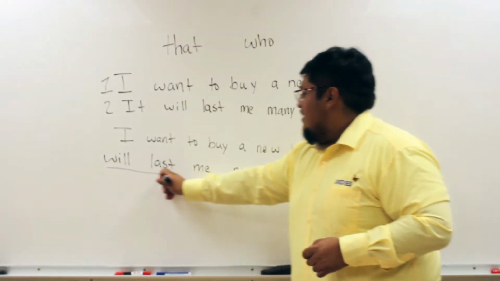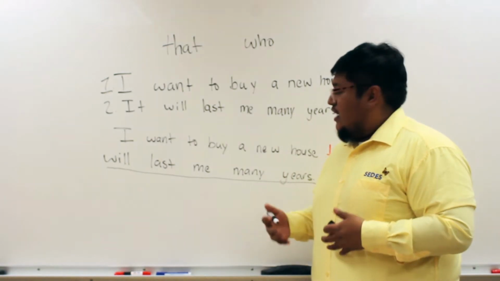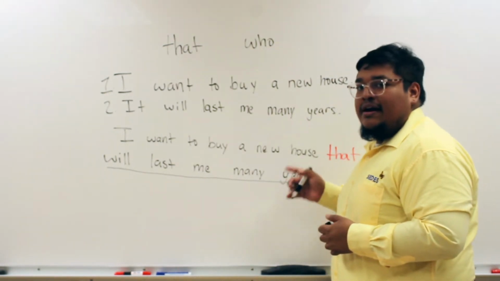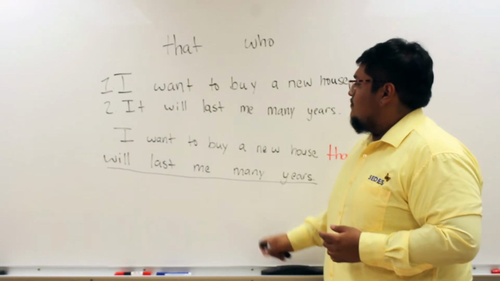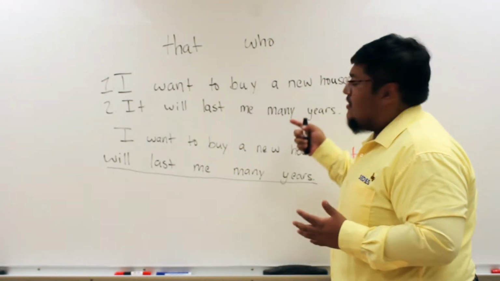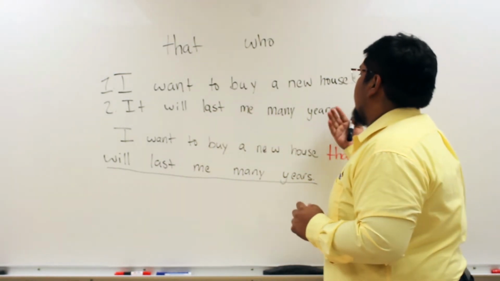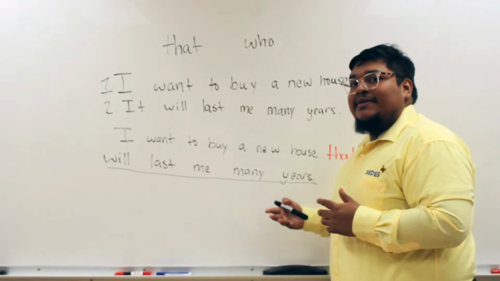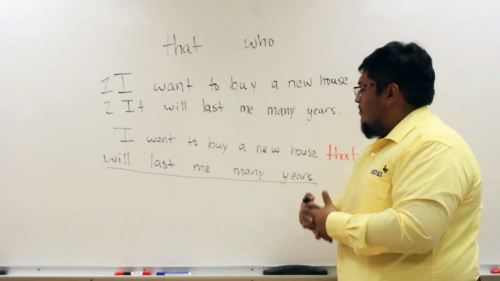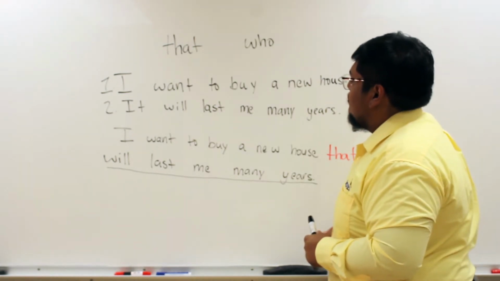Will last me many years is being used as an adjective clause to describe the new house. Pretty simple, okay? In the first sentence, we introduce, what do we want? A new house. That's our subject, okay? What about the house? It will last me many years. How do I combine them? Using the word that. Pretty good, okay?